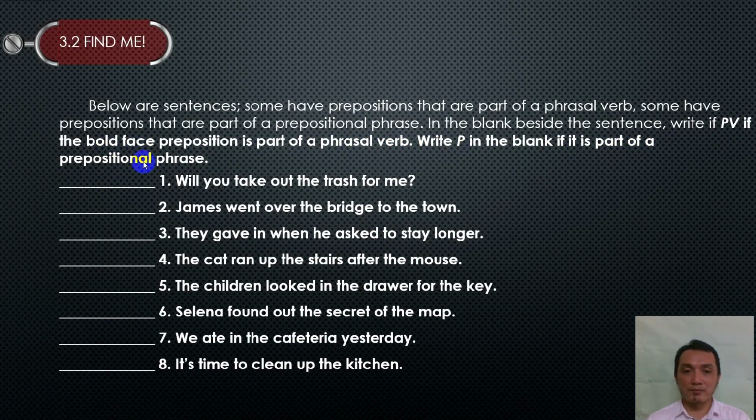Do you know the difference between a prepositional phrase and a phrasal verb? For a phrasal verb, I give you the example: looking forward to. To is a preposition. So this is called a phrasal verb, because there is a preposition and also a verb. Looking forward to, be dedicated to. It is called a phrasal verb.